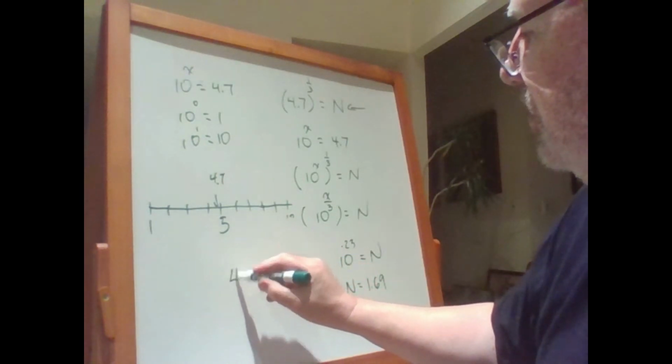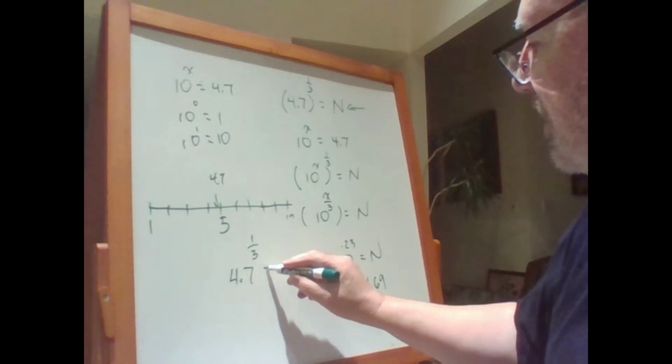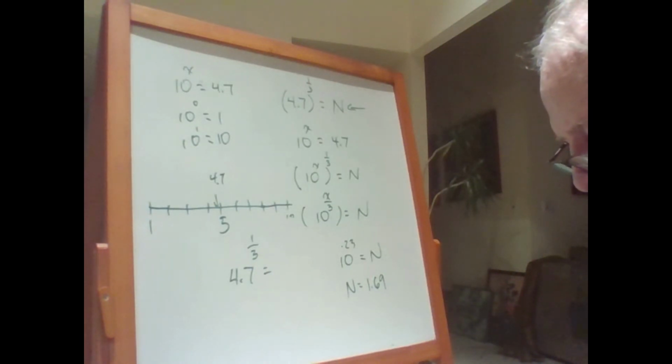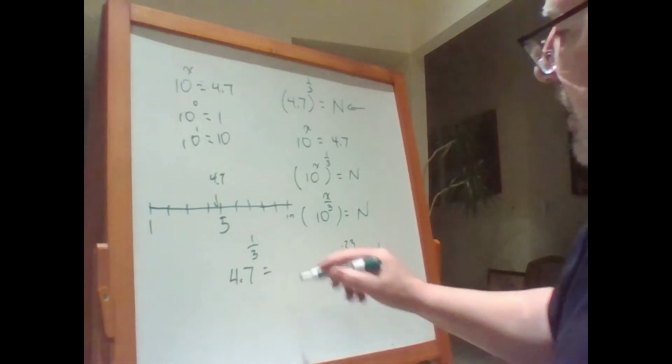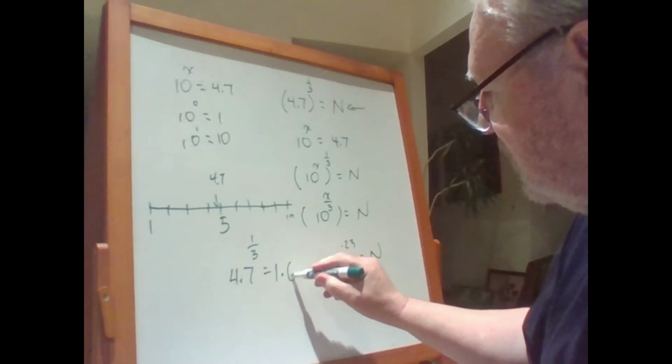So 4.7 to the third should be 1.69. Let's see, 4.7 raised to the 0.33333 is 1.68.